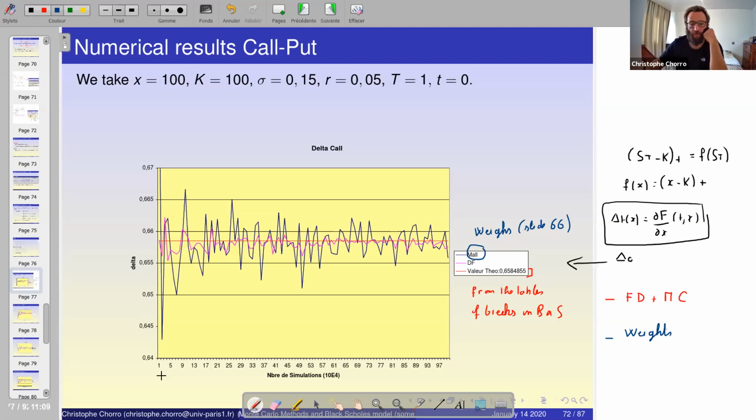Here I start from, let's say, 1, and I go to 10,000, a sample of size 10,000, meaning that I generate 10,000 independent Gaussians in order to obtain the things here. And you obtain, from slide 66, the blue line for the approximation I do using the weight methodology, what I call the Malliavin methodology, with respect to what we are going to do from the next course.